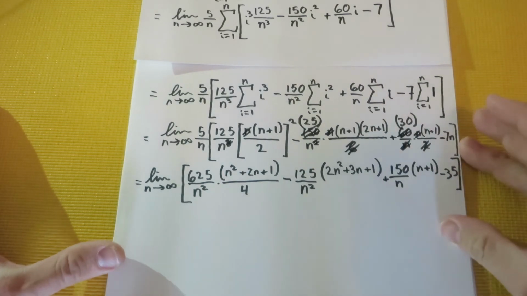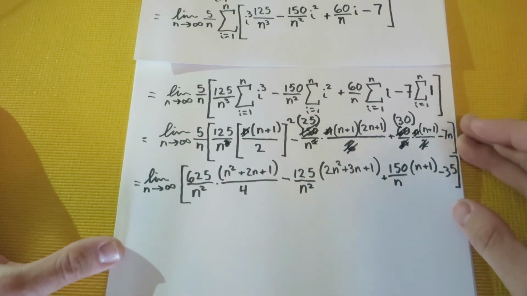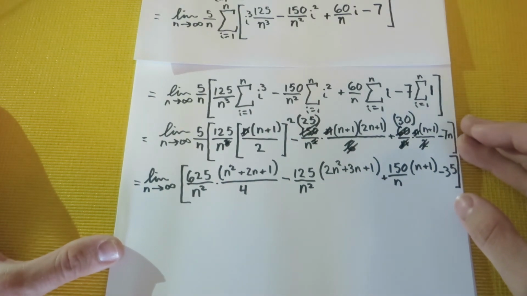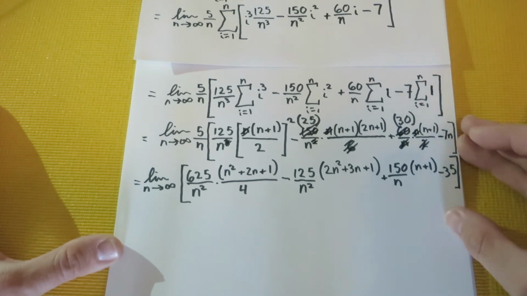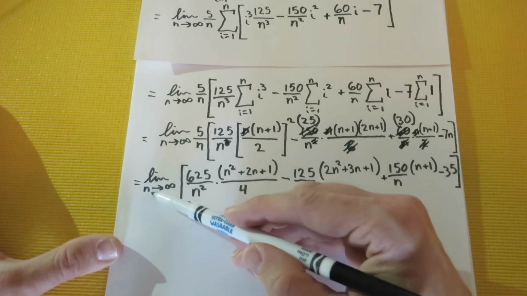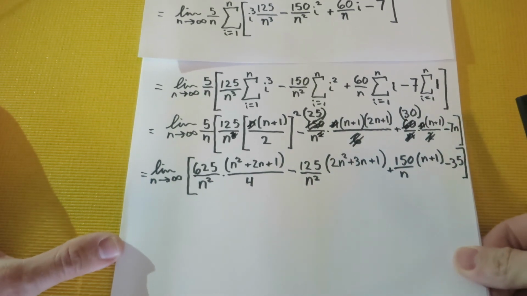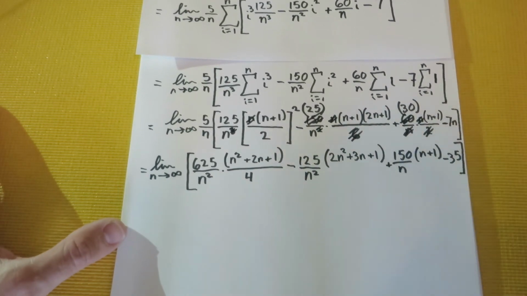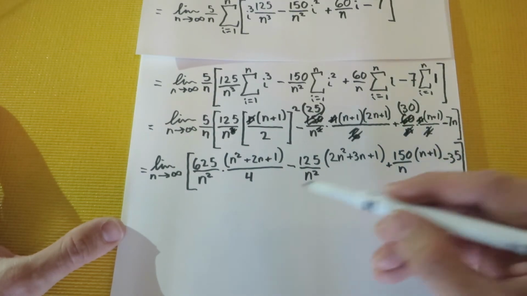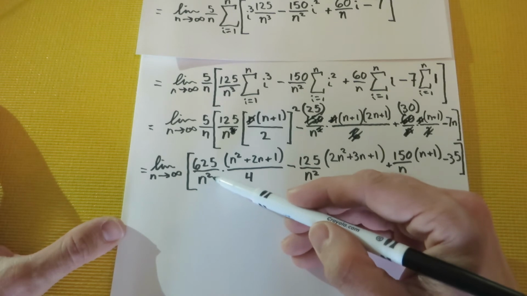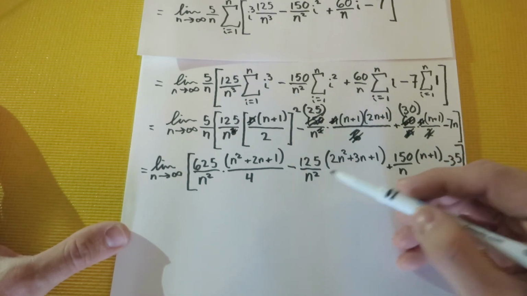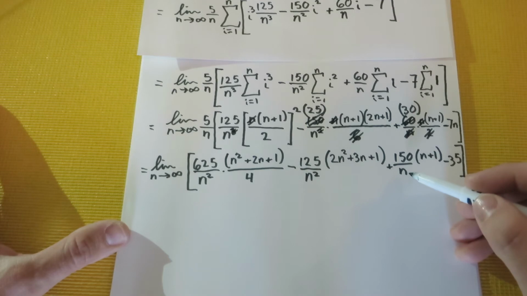Now, this requires a little bit of thought here. I want you to think about what happens as the limit as n approaches infinity. What happens as the limit of n approaches infinity? Well, we're going to have some n squared term down here in our denominators, or an n term over here.